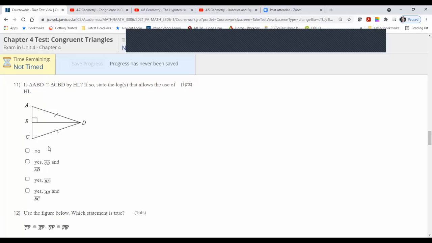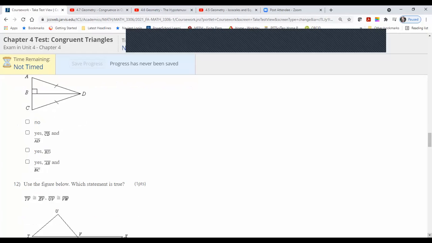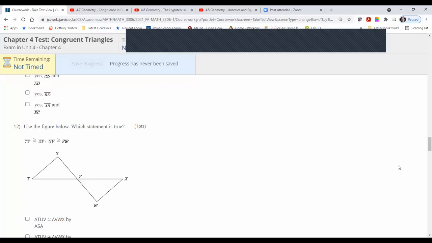The leg will be BD, right? Because these two are the same, right? Okay. To use hypotenuse and leg, you need to find the hypotenuse congruent and then one of the legs is congruent, right? And the angle between the leg and the hypotenuse has to be congruent. Okay. So the answer should be PT.